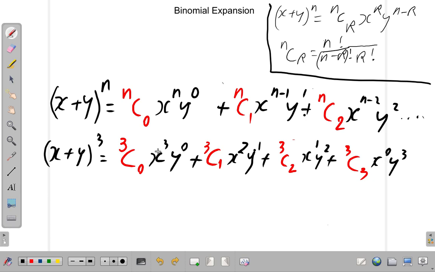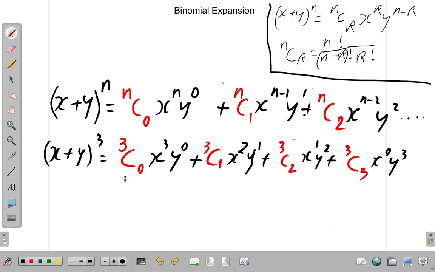The power of the second term will start at 0 and go up to the power of the expression, and each pair of the first times the second will be multiplied by these numbers: 3C0, 3C1, 3C2, 3C3.